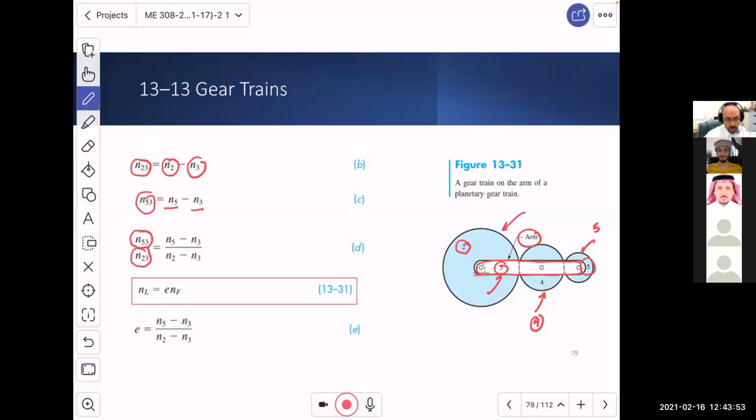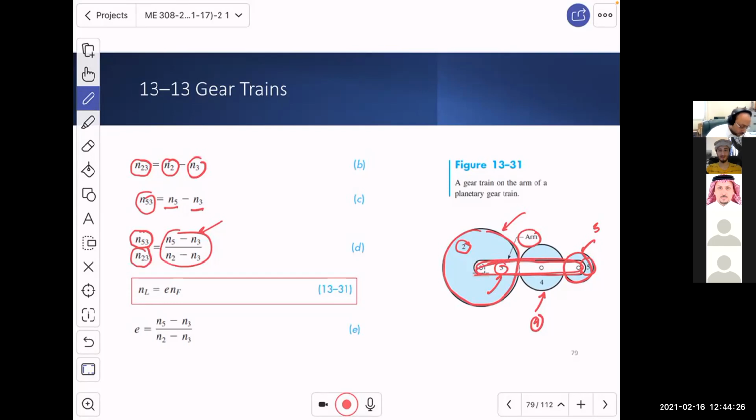Now, forget about this side. But the left-hand side reminds you of what? Of the relation between the first gear and the last gear, since the arm doesn't have teeth, and we are only talking about its rotation.